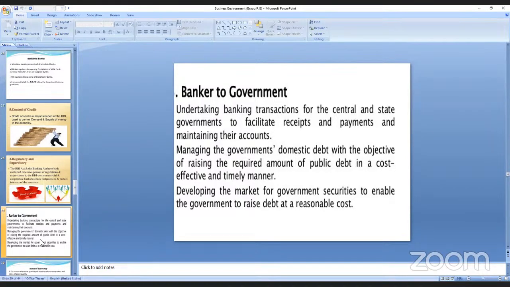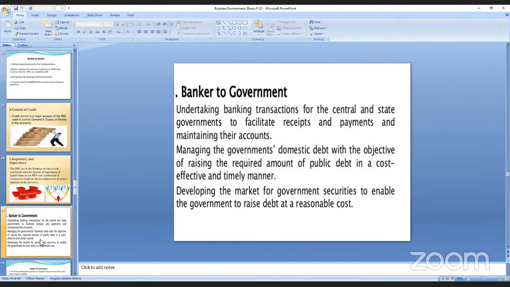So this is the banking transaction for the state government and the central government, facilitating the receipts and payments and maintaining their accounts. So this is the banker to the government. Is it clear? The RBI also manages the government's domestic debts, with the objective of raising the required amount of public debt in a cost-effective and timely manner.